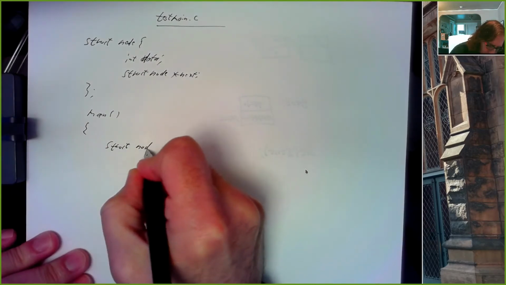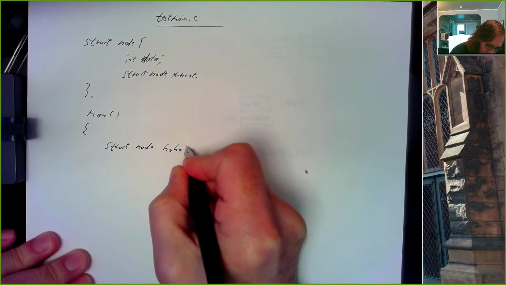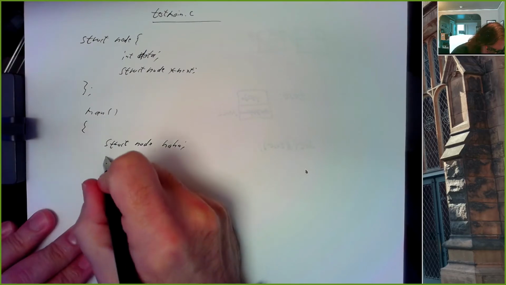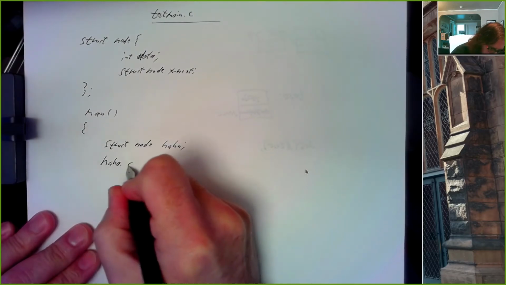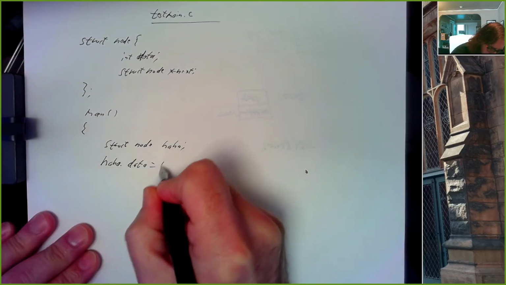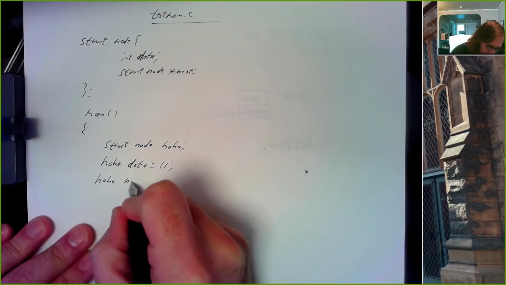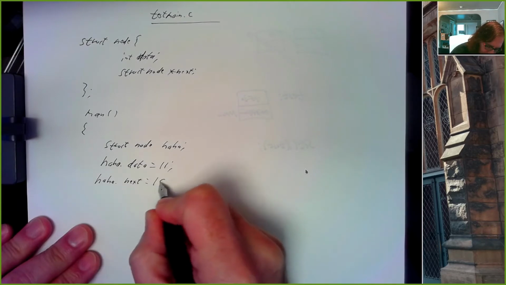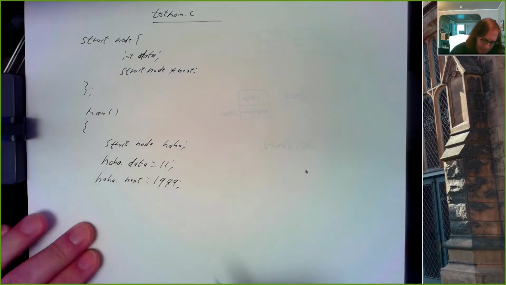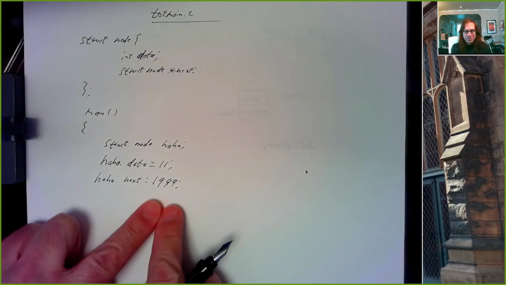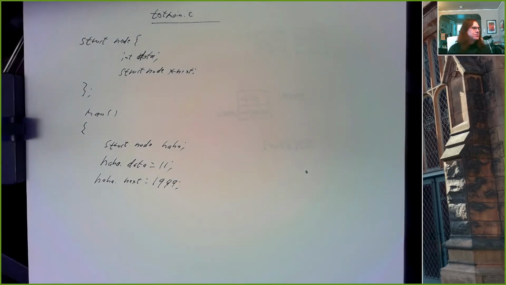Doesn't matter what you call it. I'll just call it haha. And let's set up some fields. Let's set the data value to 11. And let's set the next field equal to 1999. I'll get some compile warnings when I do this because this is a pointer and this is an integer. But that's okay. I'm just trying to give it some value other than null.